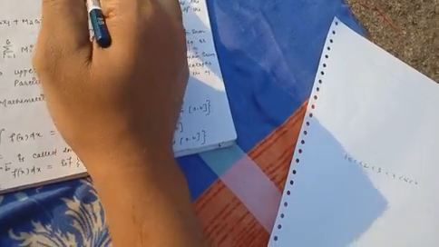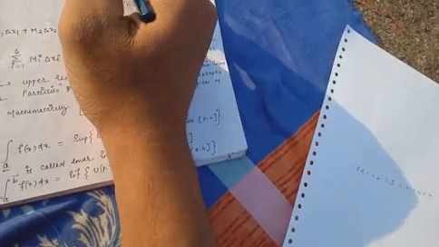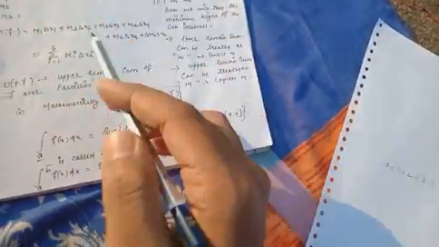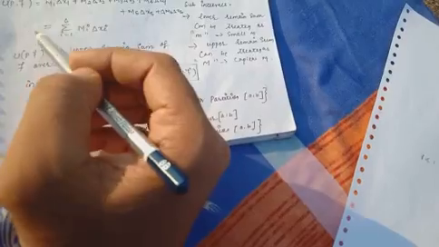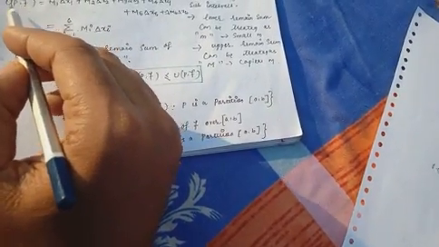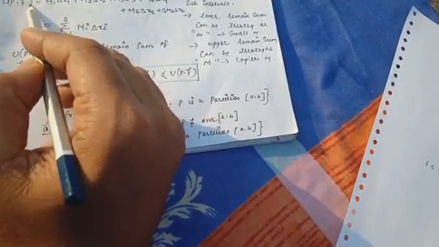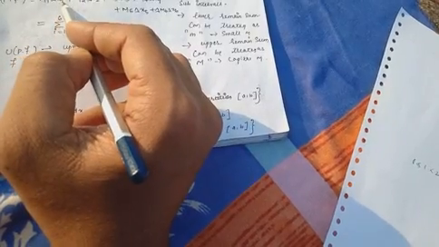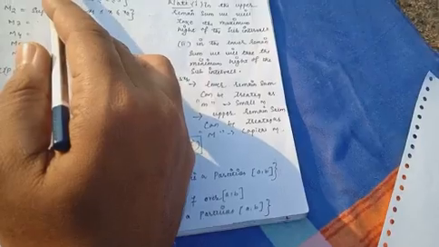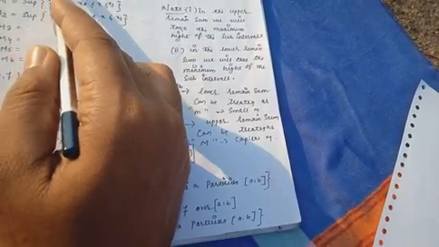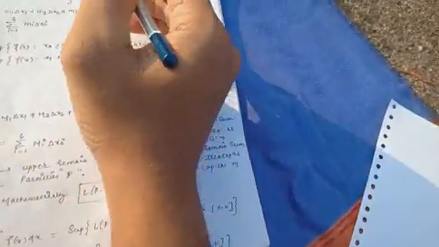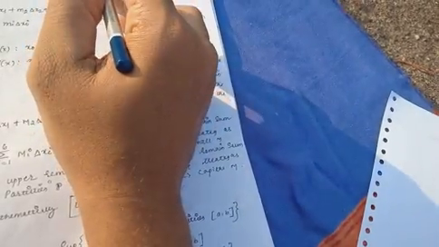Similarly the upper partition can be written as U(P,f), the upper partition of the function, which is capital M1 del x1. Here we use capital M1 since this is the upper partition.